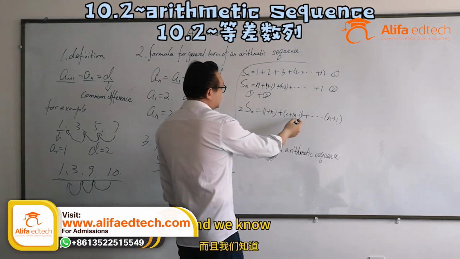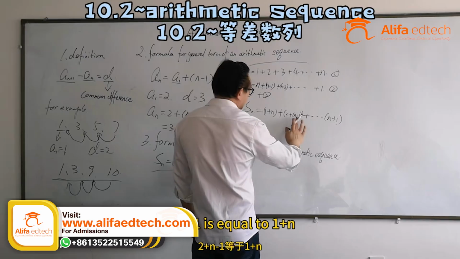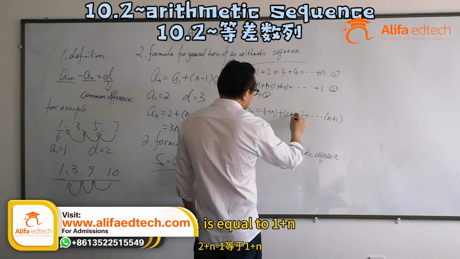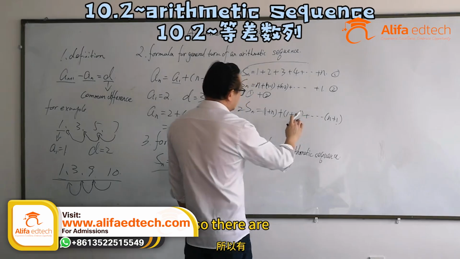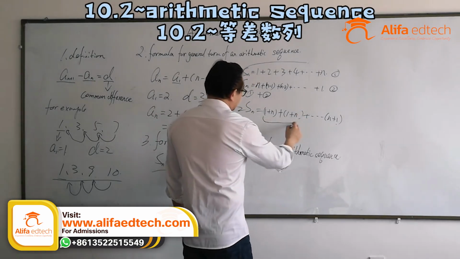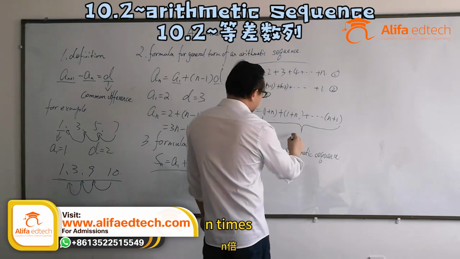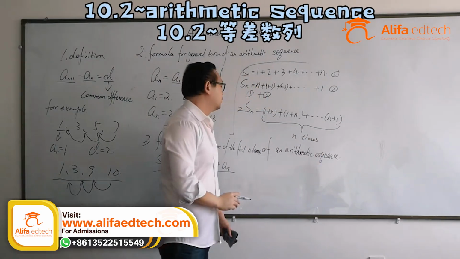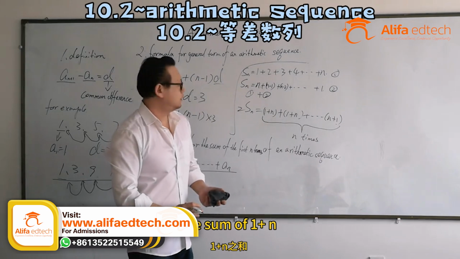And we know 2 plus n minus 1 is equal to 1 minus 1 plus n. So there are n times the sum of 1 and n.